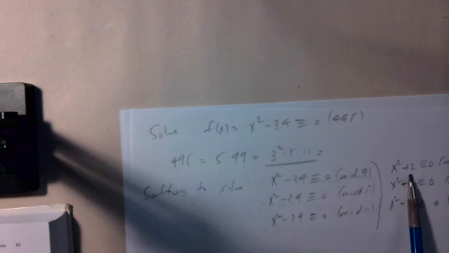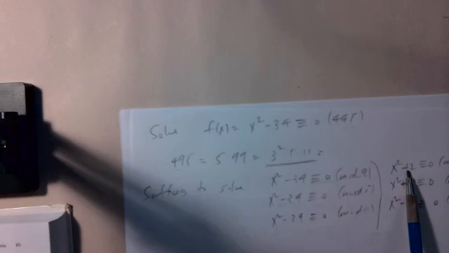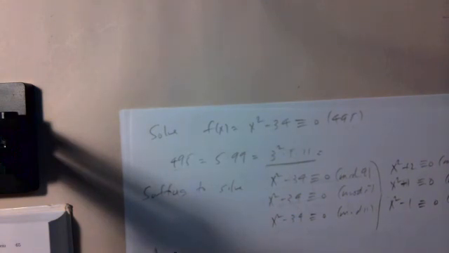What's the solution of x squared plus 2 congruent to 0 mod 9? Let's see, if I take x equal to 5, this is 25 plus 2 is 27, which is 0 mod 9. So we have that x squared plus 2 is congruent to 0 mod 9 if and only if x is congruent to 5 mod 9.